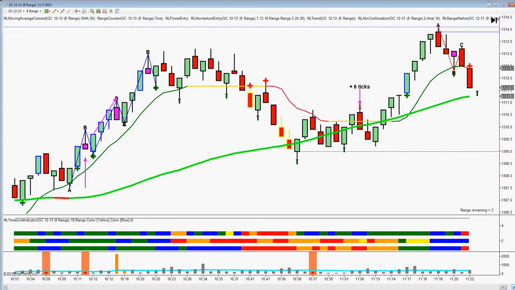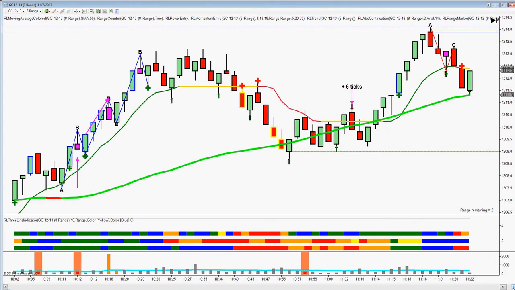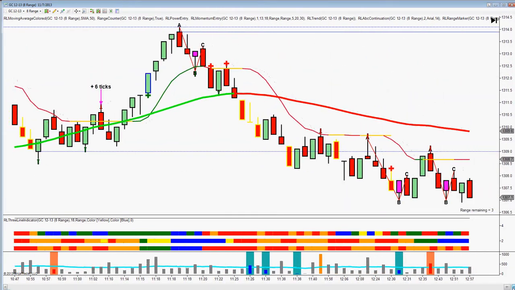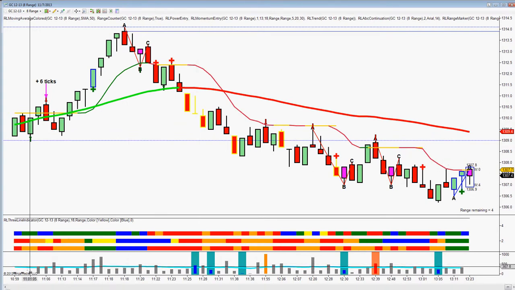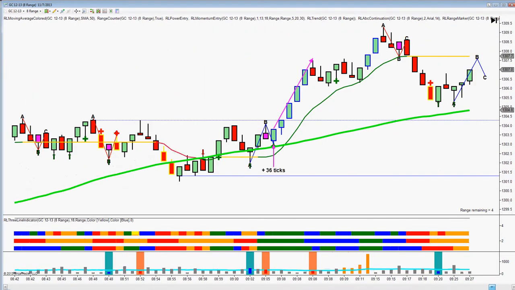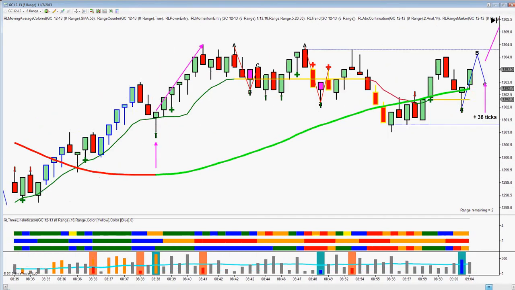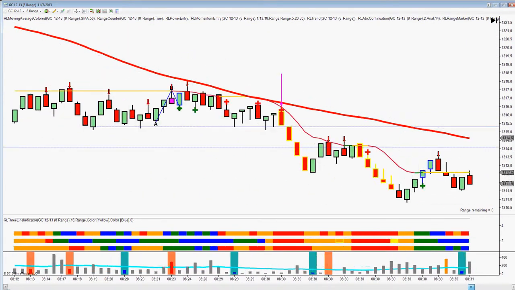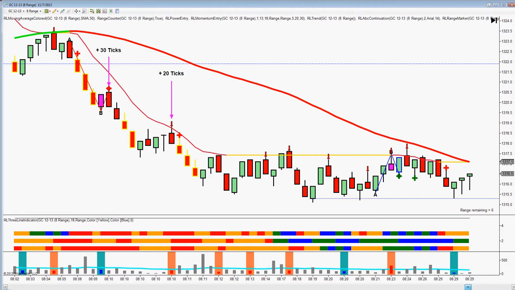Then we had a small 6 tick winner. And I think that was our day for gold. So on gold we had 6, 36, which is 42, 92 ticks.